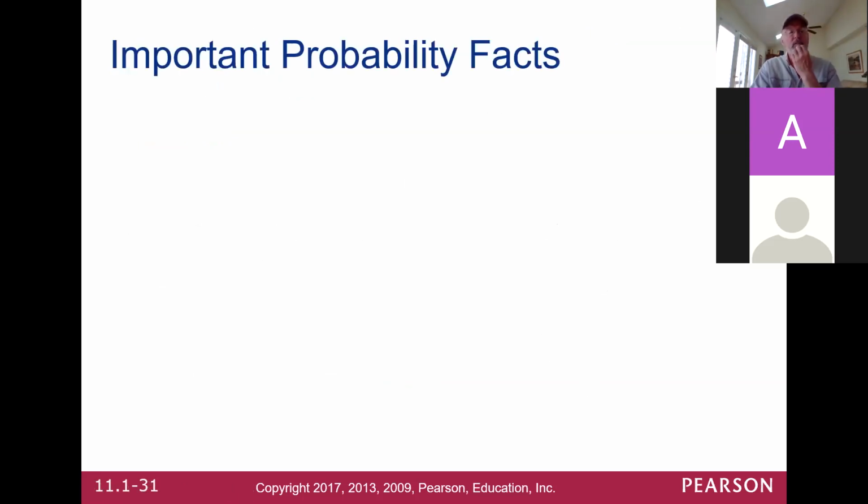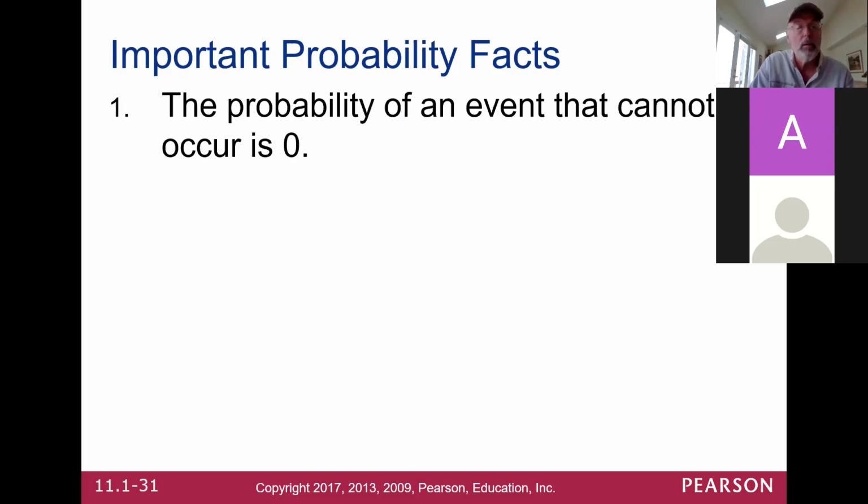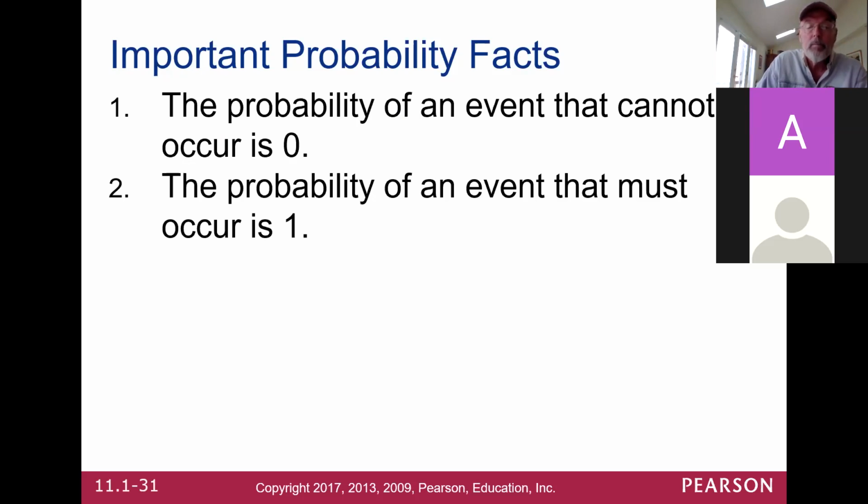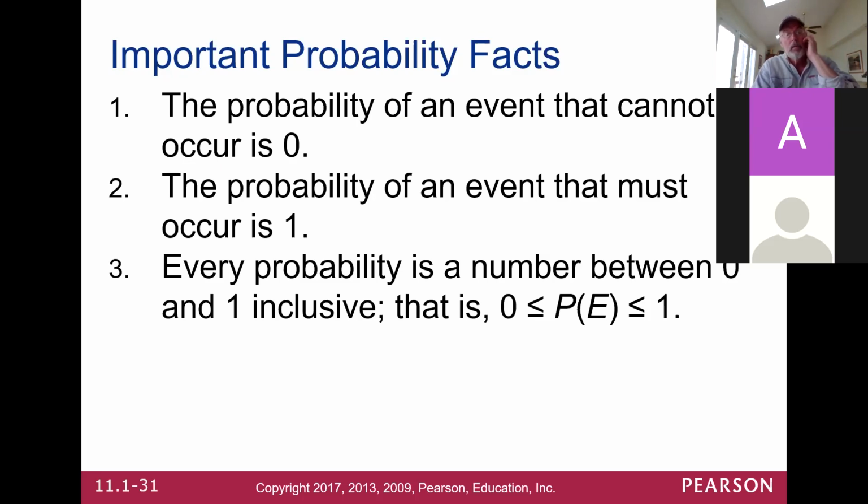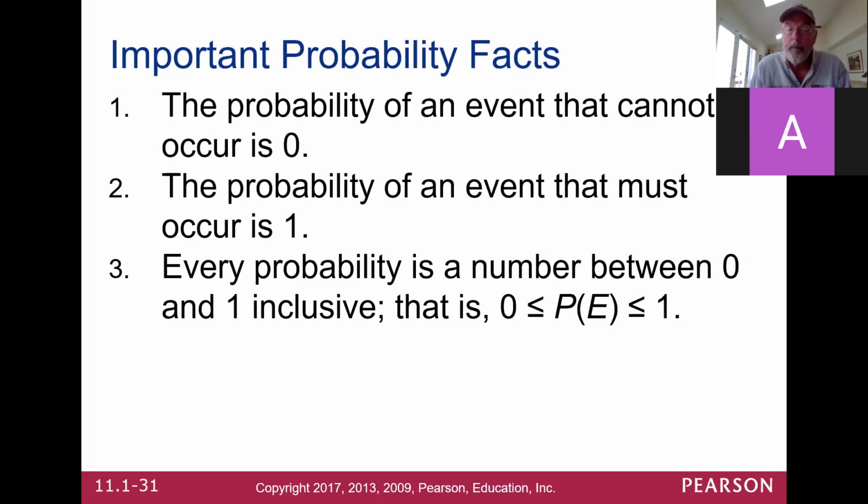So here is a synopsis of what we've been saying for the last half hour. An event whose probability cannot occur is 0. The probability that an event must happen is 1, that could happen too. So we know that the probability is from 0 to 1 inclusive.